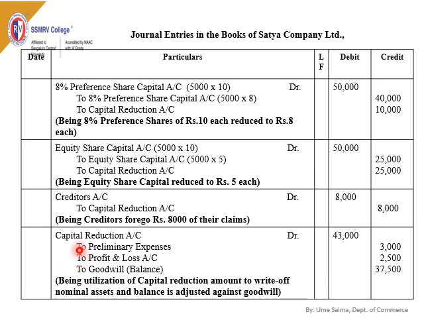We have shown these two figures, towards preliminary expenses and profit and loss account. After showing this, that is 3,000 and 2,500, it comes to 5,500. If we deduct this from 43,000, the balance remains 37,500. So the adjustment says that if any balance remains, that can be easily adjusted towards goodwill.